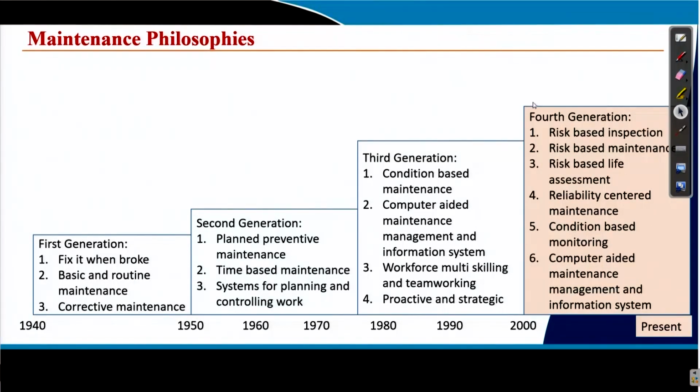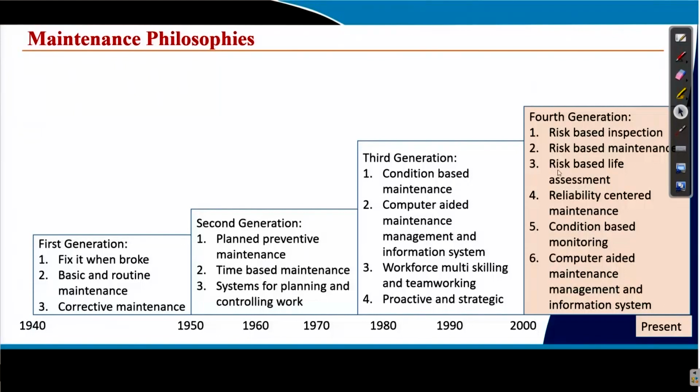So this is the way from the literature that we got. It is not exhaustive because it is based on our search, so there could be more. But these are sufficiently broad, and you are getting some kind of evolution in the maintenance philosophies.